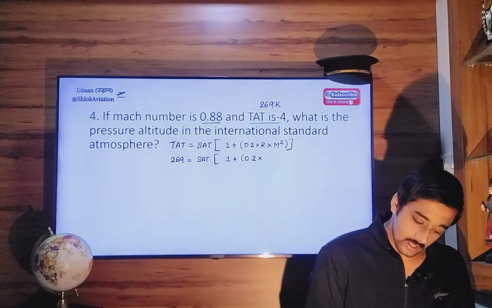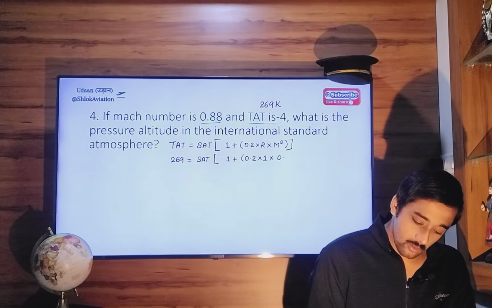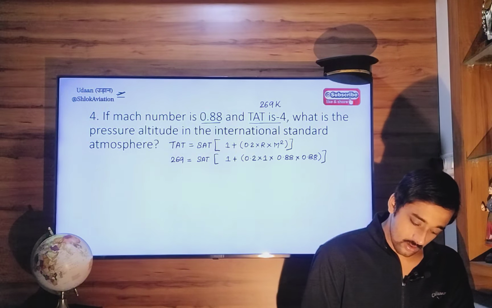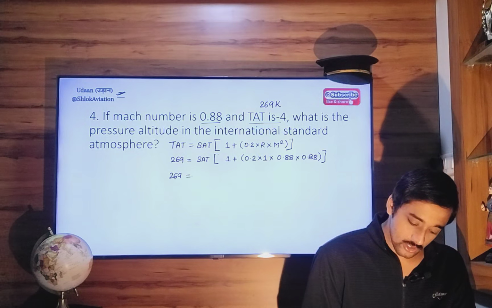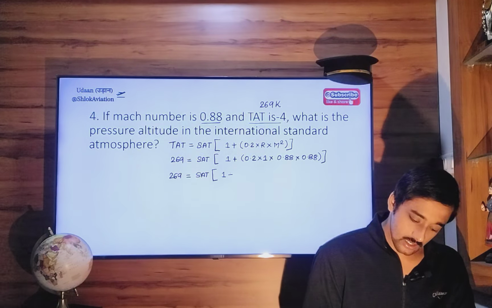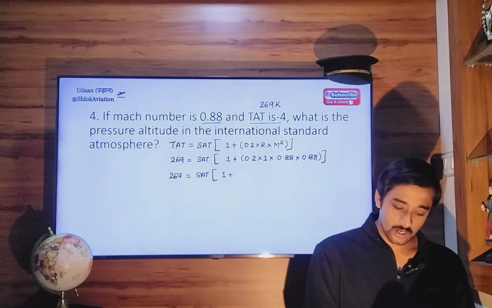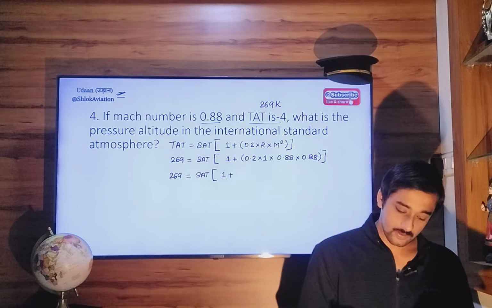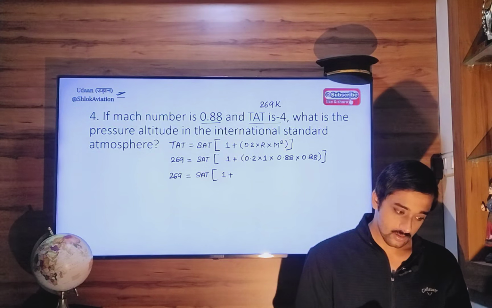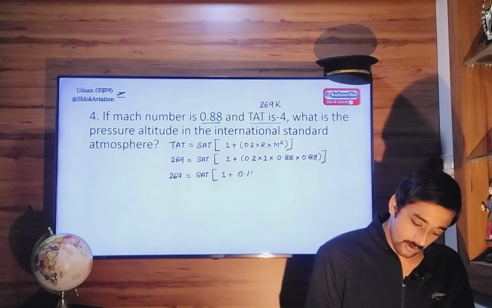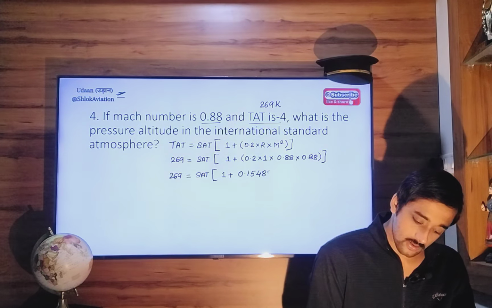0.2 into 1 into 0.88 into 0.88. So 269 equals static air temperature times 1 plus 0.2 into 0.88 into 0.88, that is 0.15488.